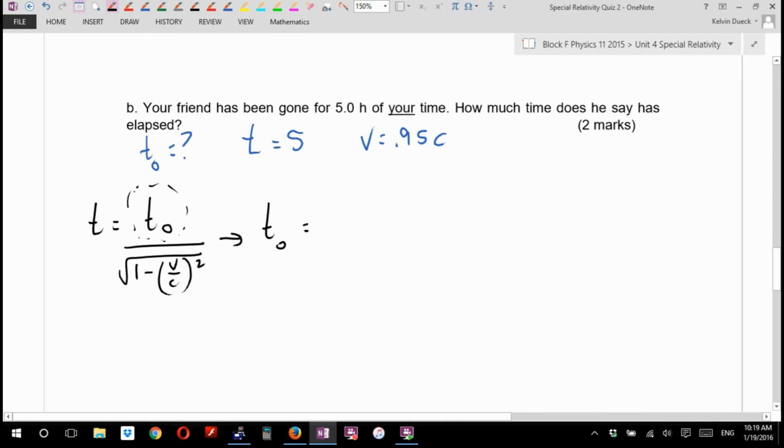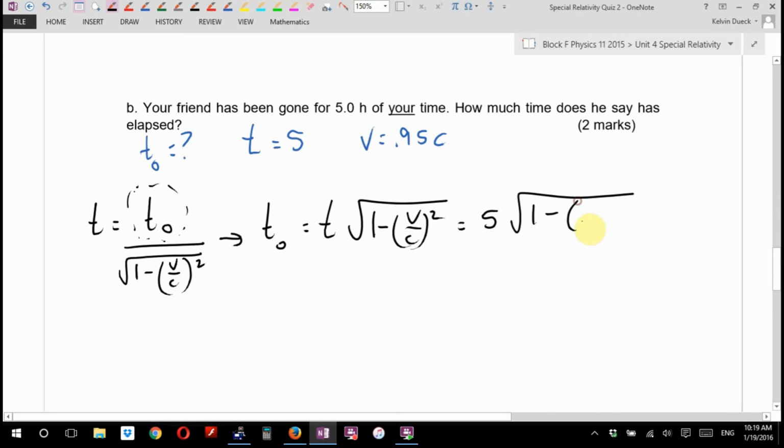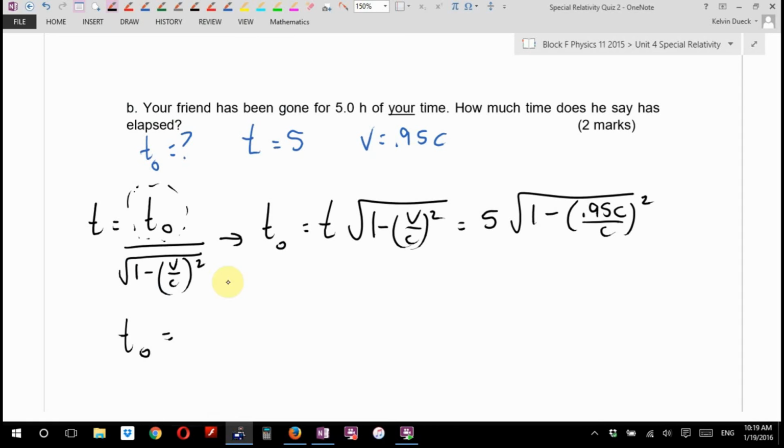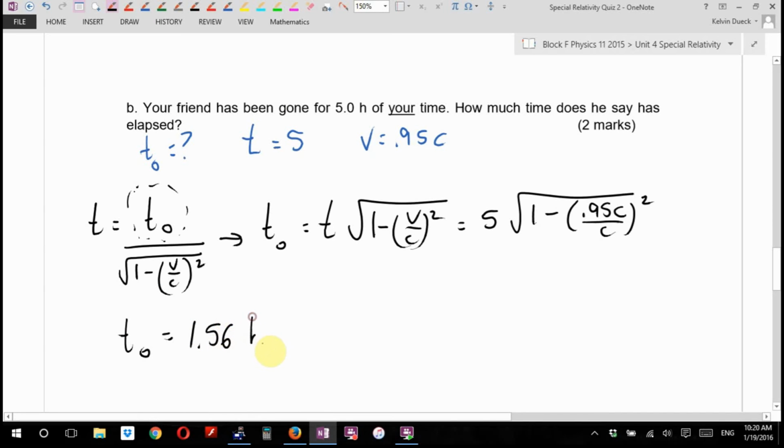Time on the spaceship, 5 hours of my time, is t square root of 1 minus (v over c) all squared. 5 hours of my time, for him, it's going to end up being 1.56 hours. Half mark, 1 mark, half mark.